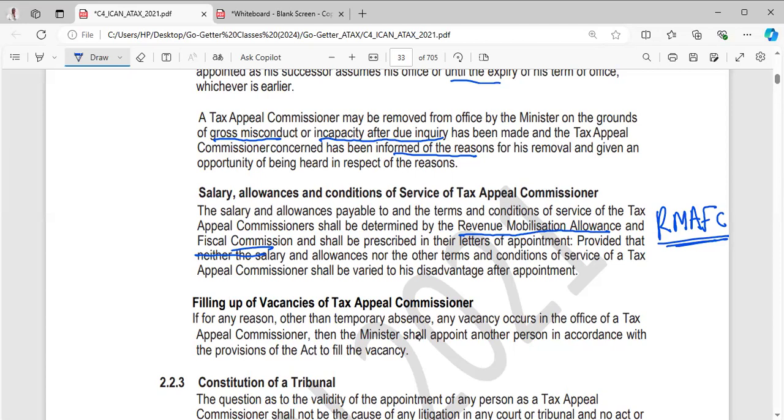Now, if for any reason other than temporary absence a vacancy occurs, it could be death. That's another way of naturally leaving office, death or insanity. So if any vacancy occurs other than temporary absence in the office of a tax commissioner, the minister shall appoint another person in accordance with the provision to fill the vacancy.